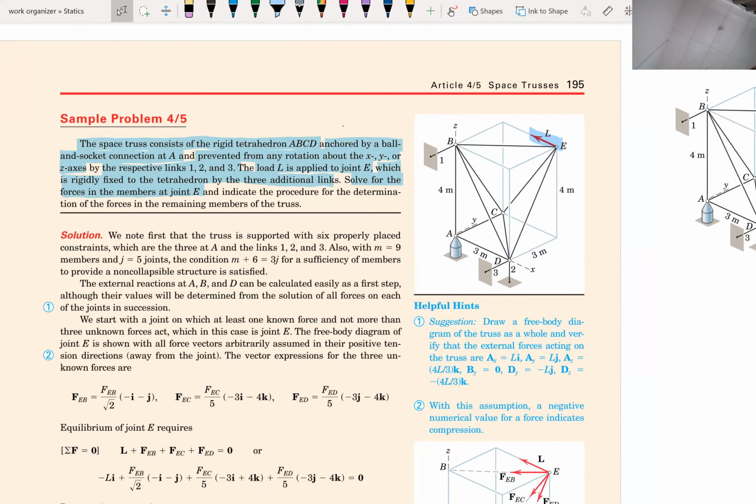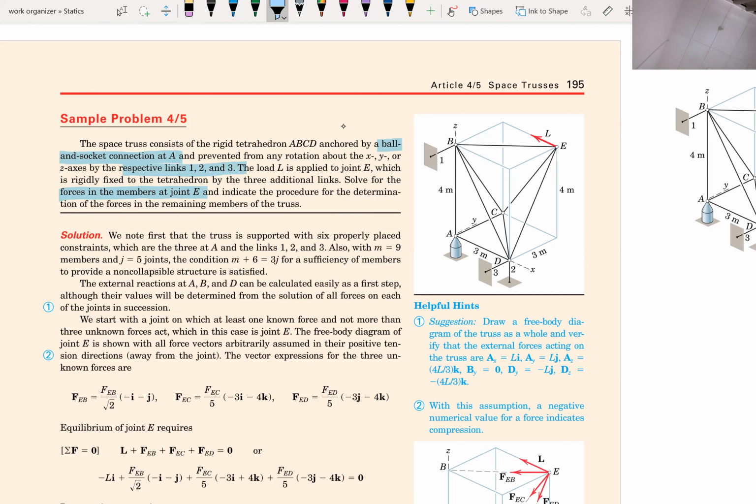So now what we have to do is find the main keyword here. The keyword is that we have to find forces in members at joint E. Then we have the constraint at the ball and socket connection at A, and then we have the respective links 1, 2, 3.